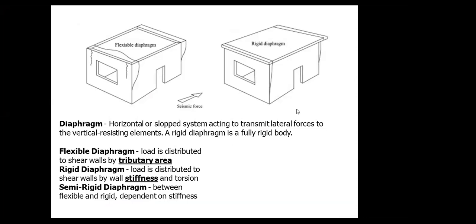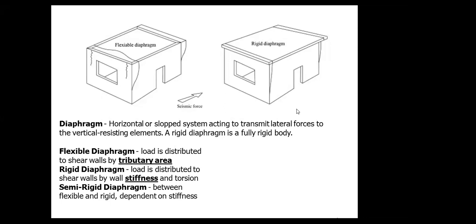So normally the shear wall gets the horizontal forces through the diaphragm. Diaphragm is nothing but your slab. You have the slab in the buildings, and this diaphragm collects the horizontal force and passes it to the shear wall.